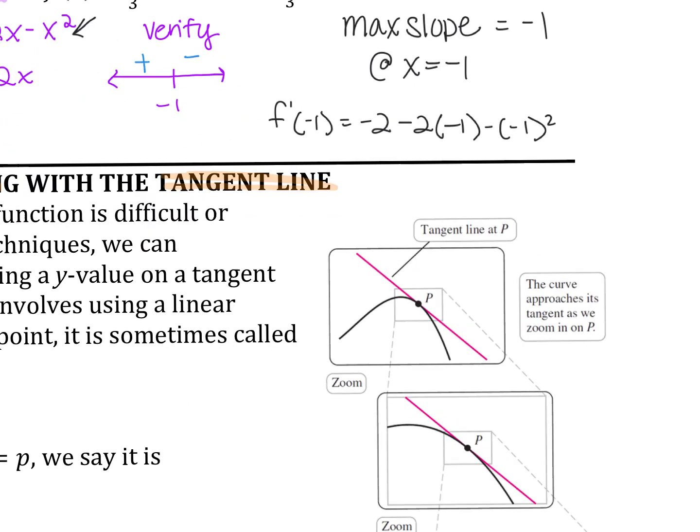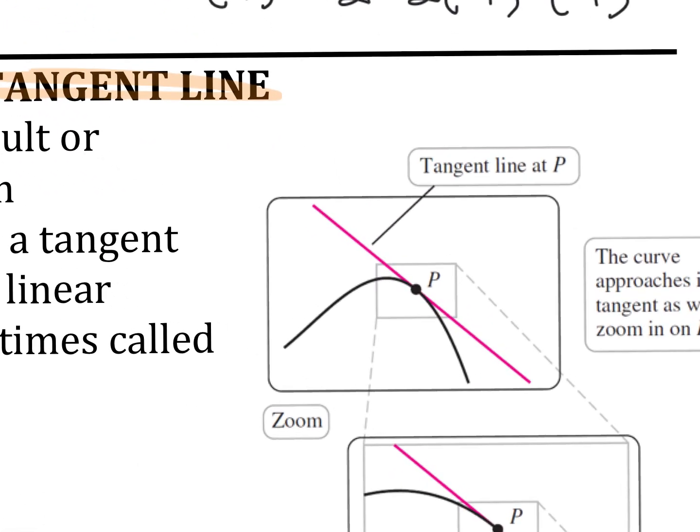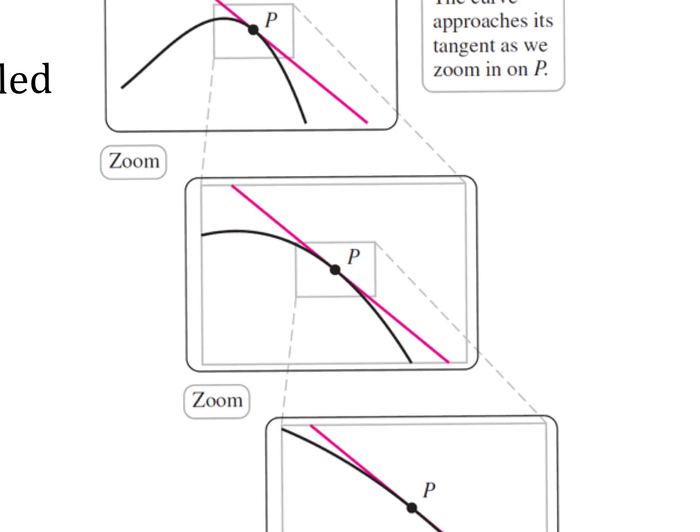If we were to zoom in on this picture, and draw a tangent line at some point P, and keep zooming in a little bit more and a little bit more, you'll notice that the tangent line and the curve both appear to be almost the same line.